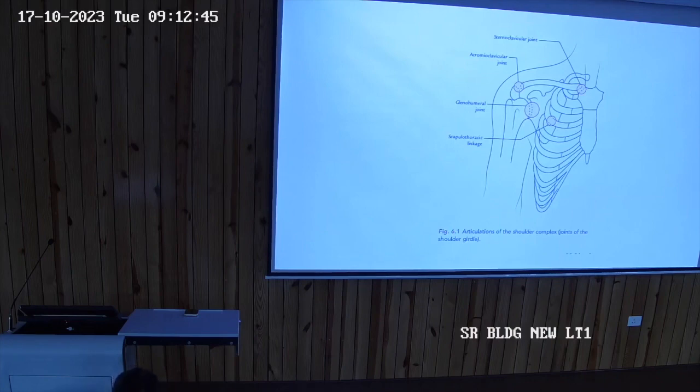So this is a freely movable joint. Why is it freely movable? The answer is that stability of the joint is least compared to the hip joint. And due to this least stability, the dislocation of the shoulder joint is very common.